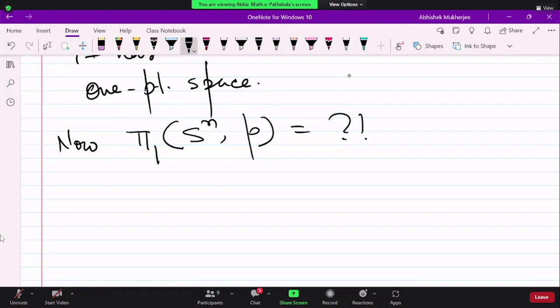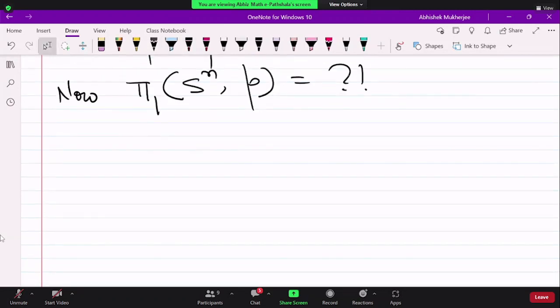For n equals 1, it is not the trivial group. It is a non-trivial group, but it is an abelian group. But if you are looking at higher dimensions, then what will be the case?